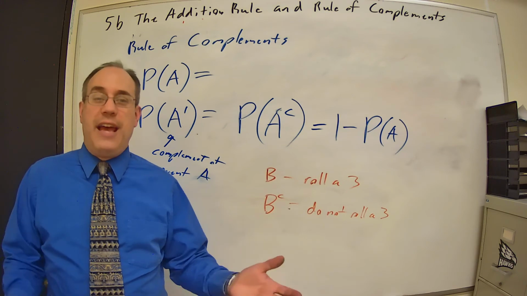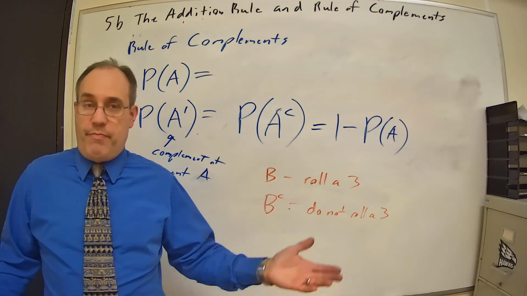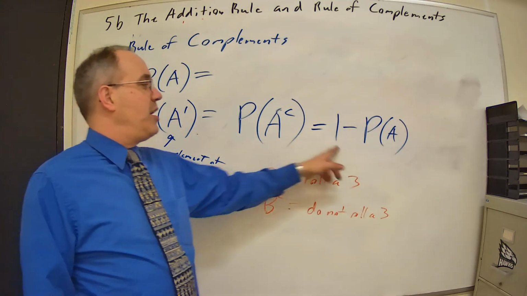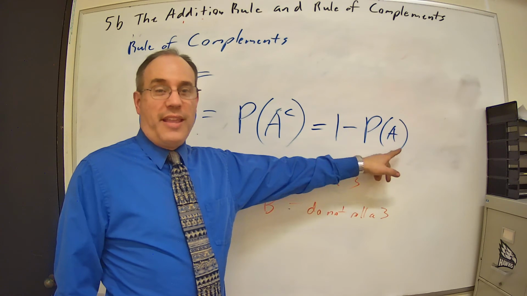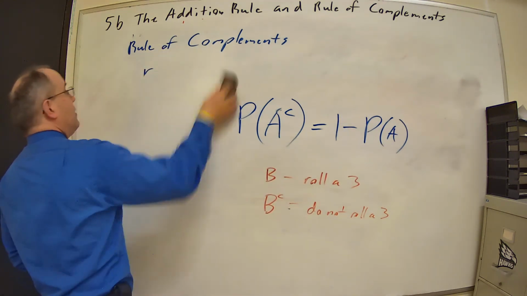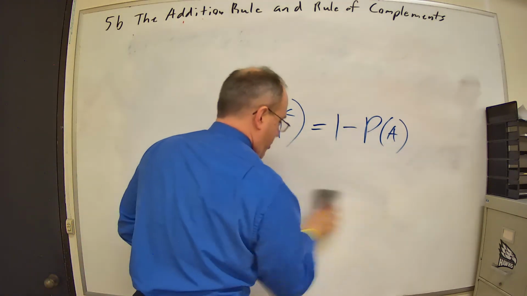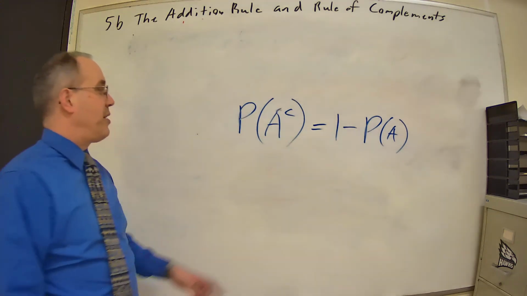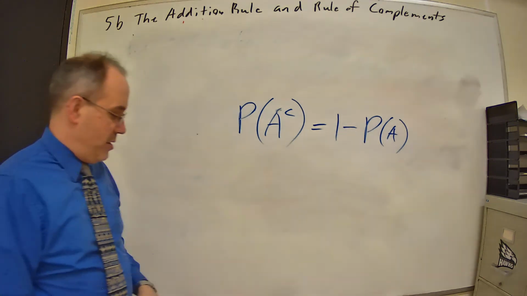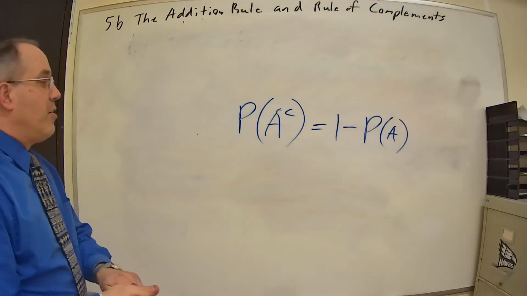One of them has to happen, so the probability that either the one or the other occurs is 1. So if we want to find the probability that the complement occurs, we subtract the probability that the event occurs from 1. So let's put that in place. I'm going to leave that right here just so we see that. So the probability that the complement of event A occurs is equal to 1 minus the probability that event A occurs. Okay.